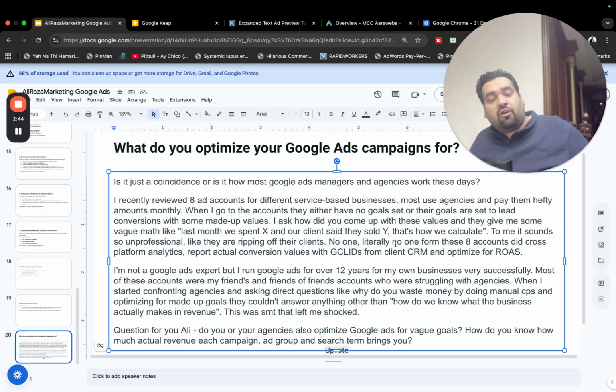Although they may be in a profitable position, they can still improve. So if company owners are comfortable sharing their values, my opinion is they should definitely share these values with agencies so agencies can rightly optimize your campaigns.